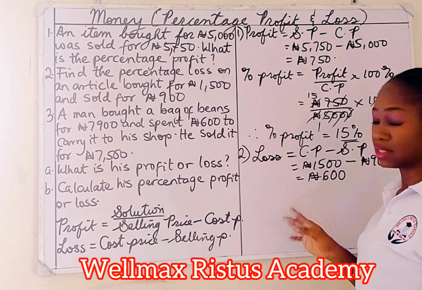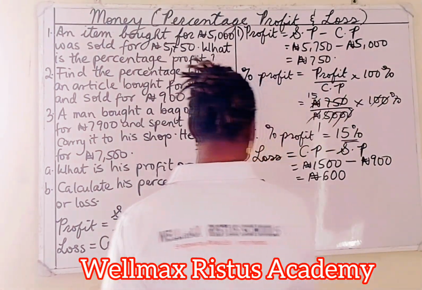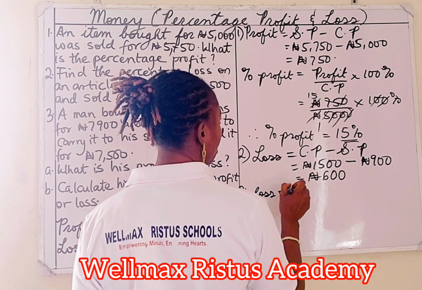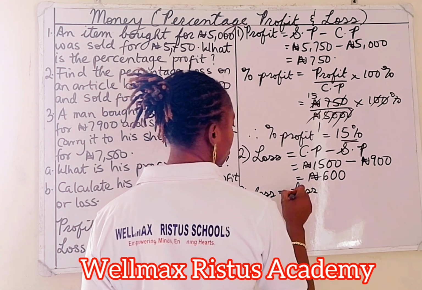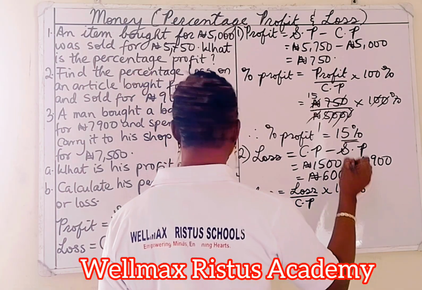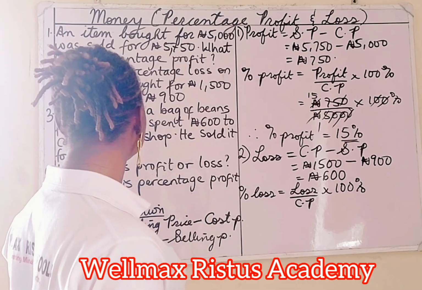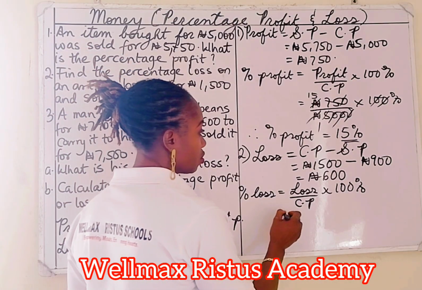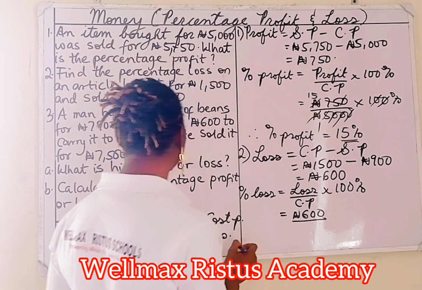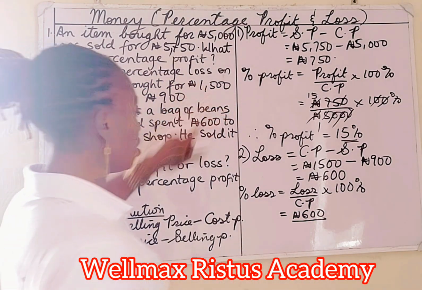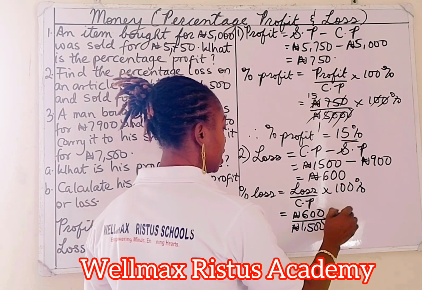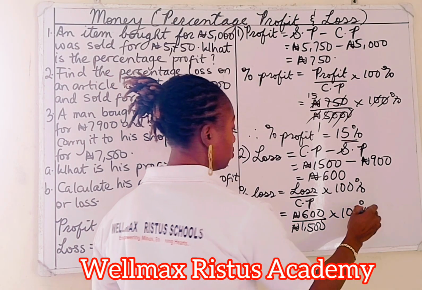Okay, so now we're asked to find percentage loss. And percentage loss equals what? Loss over the cost price times 100%. Okay? And this equals what? 600 naira divided by, what's the cost price here? 1,500 times 100%.